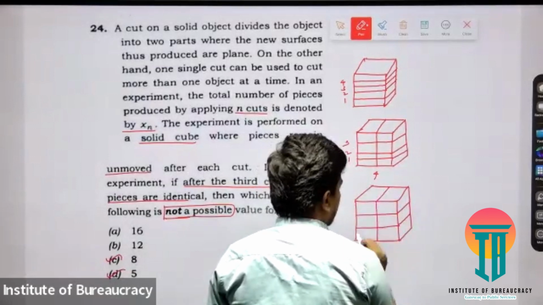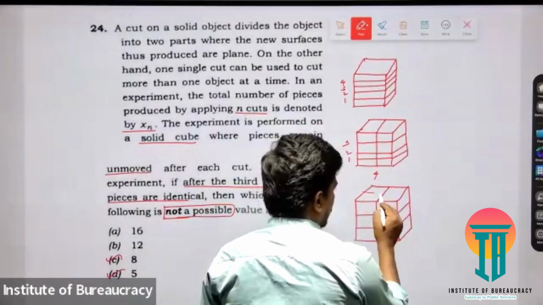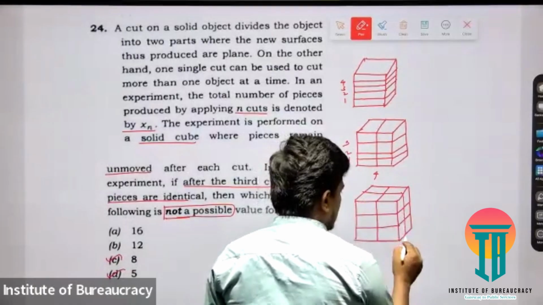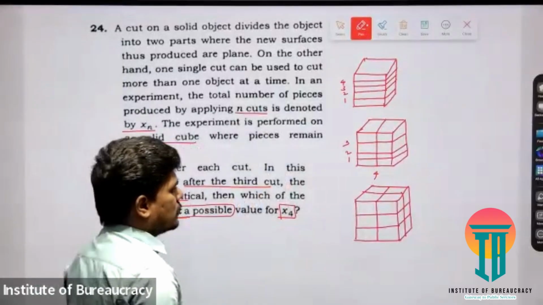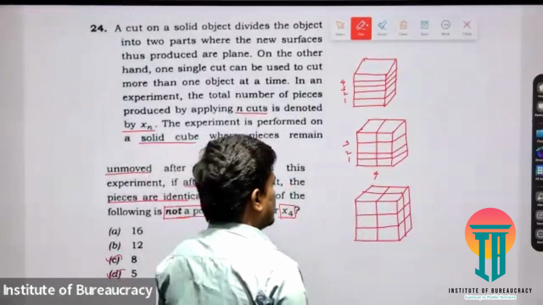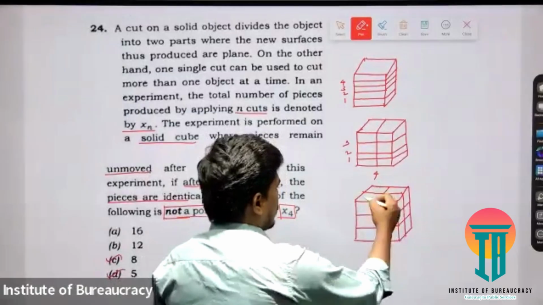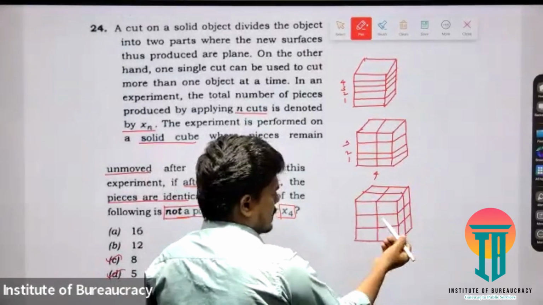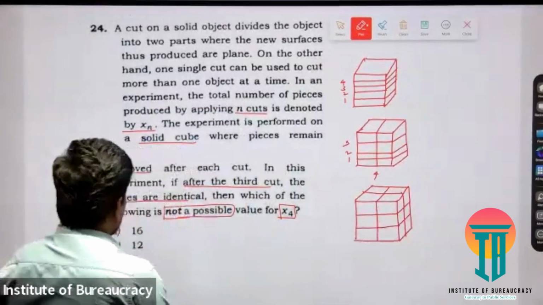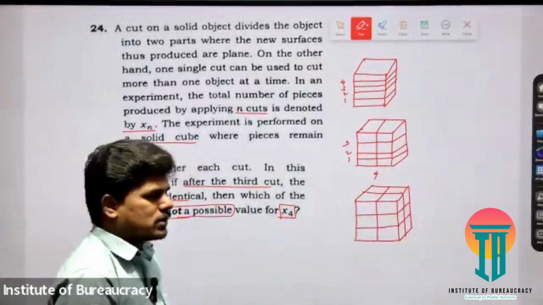Third cut, 8. Fourth cut, if I do like this, I'll be getting, so it is each one, 2, 3, 4. 4 pieces are there, 3 layers, therefore 12. 12 pieces are possible using 4 cuts.